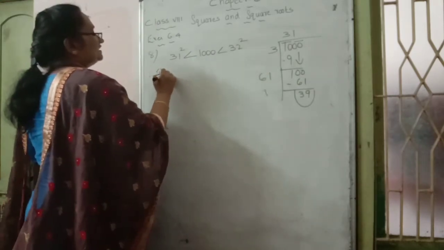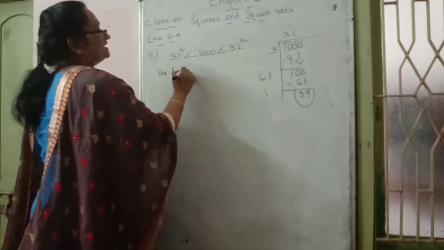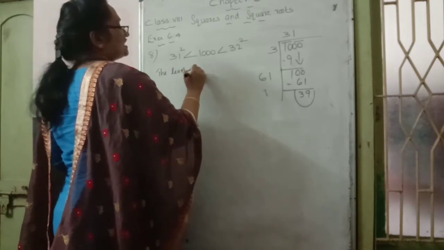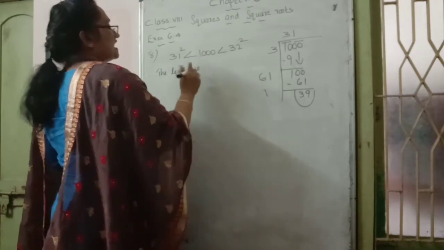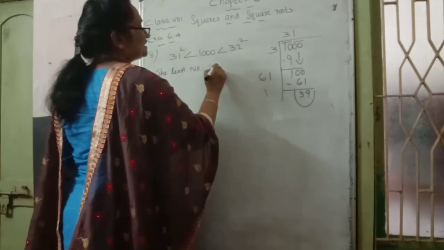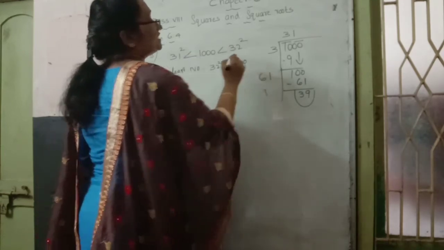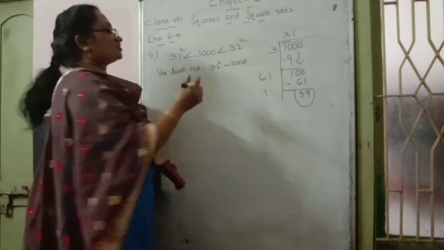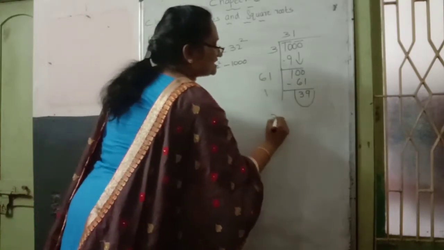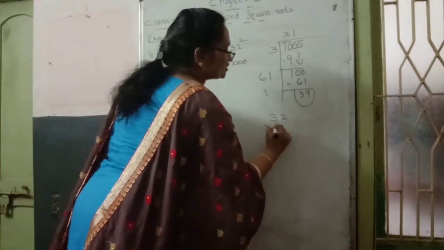Therefore, the least required number: how to find out? The bigger number, 32 square, is subtracted with 1,000. How much more does he want? For that, 32 square means 32 multiplied 2 times.